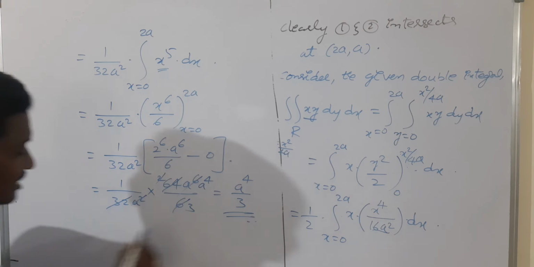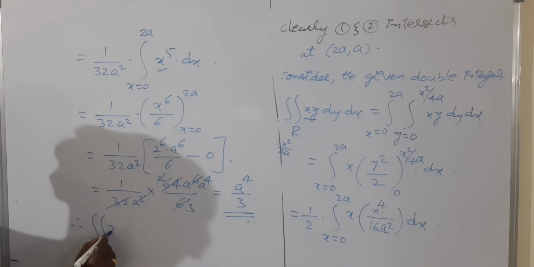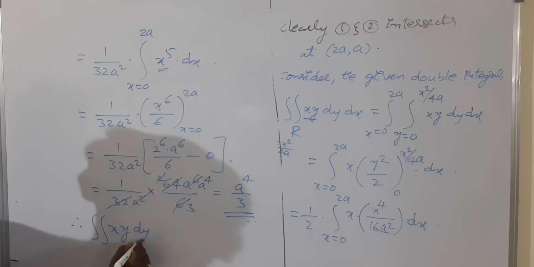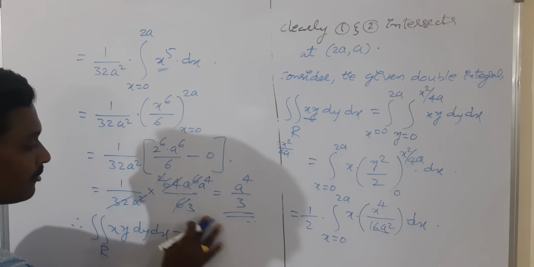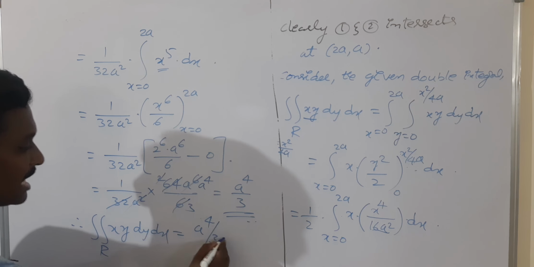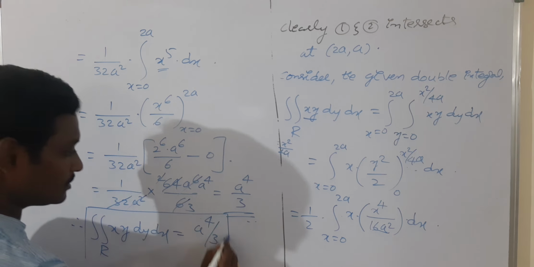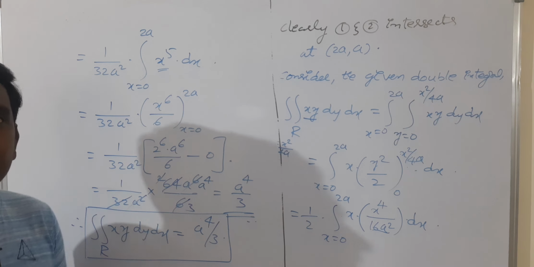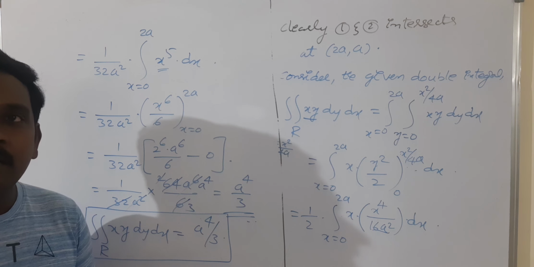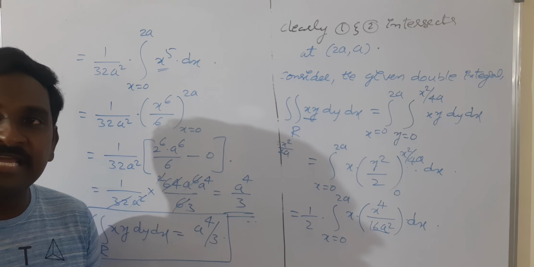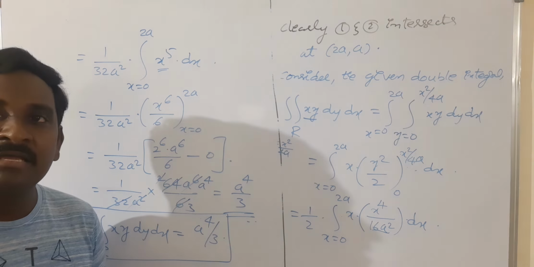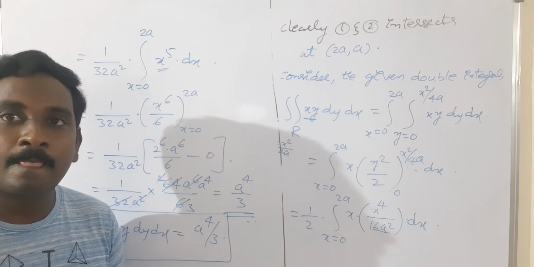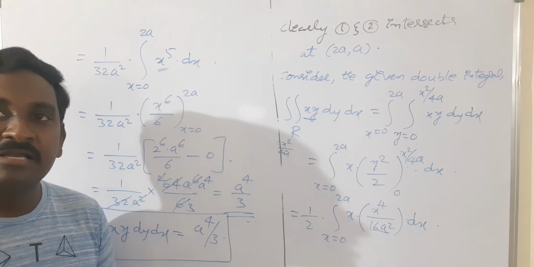This is the given double integral xy dy dx over the region is equal to a power 4 by 3. This is the answer. Okay. So whenever limits are not provided, instead of limits of the integrations a region is provided, then you should draw the figure of the region.